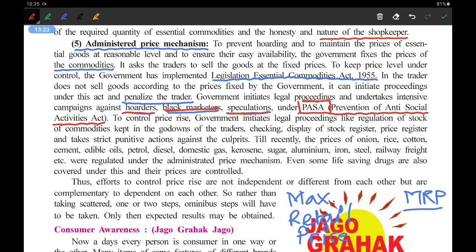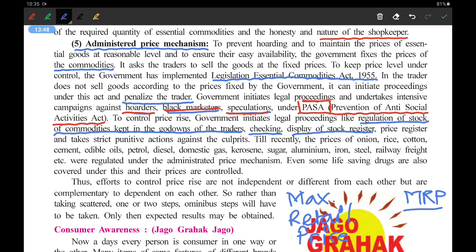under this particular act. To control price rise, the government initiates legal proceedings like regulation of stock of commodities kept in the godowns of the traders. Now they have to keep a register to show how much stock is in the godown; that is called a stock register. Then they also do checking, and display of the stock register.